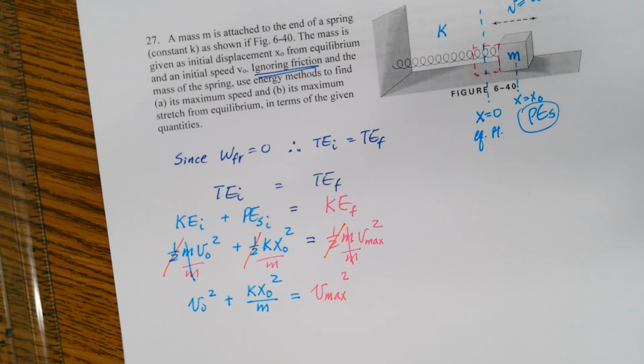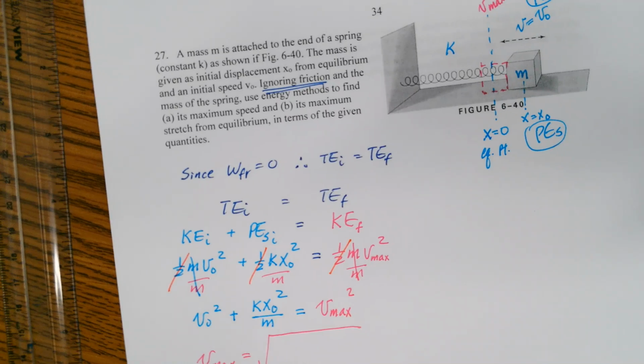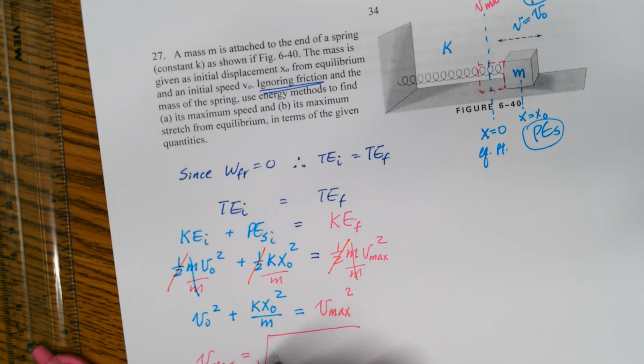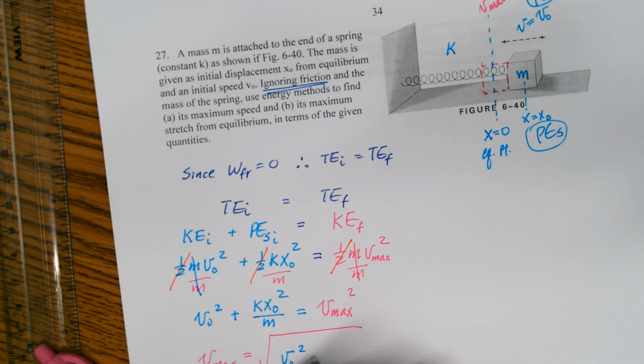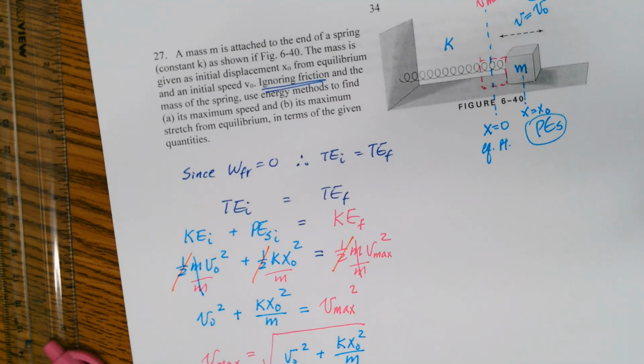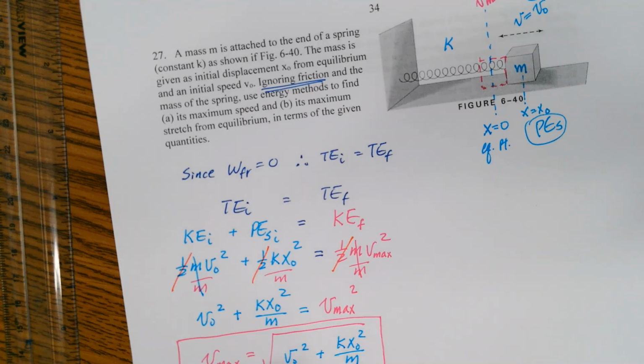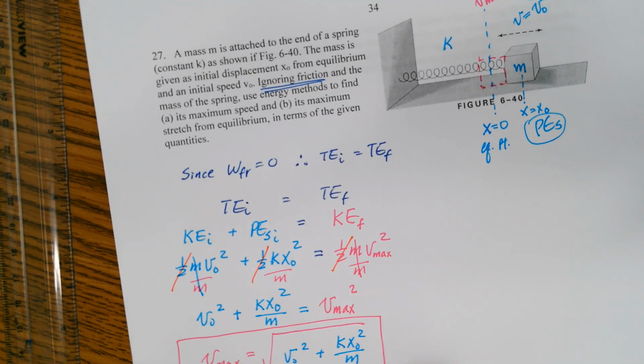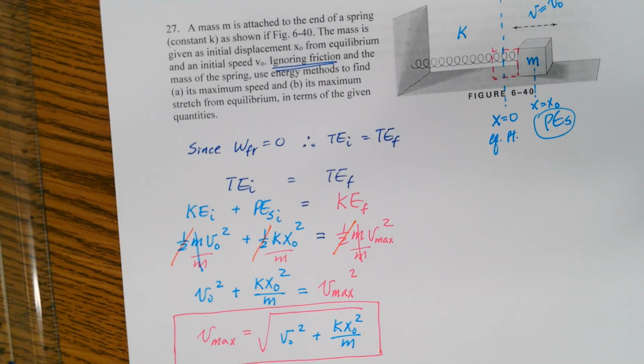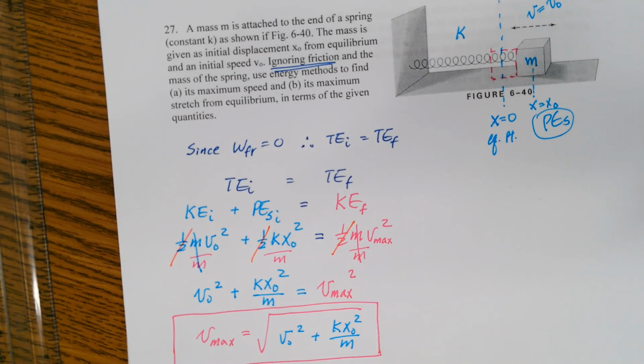So my v max is equal to the square root of v naught squared plus k x naught squared over m. Voila. Okay, so that was part A.